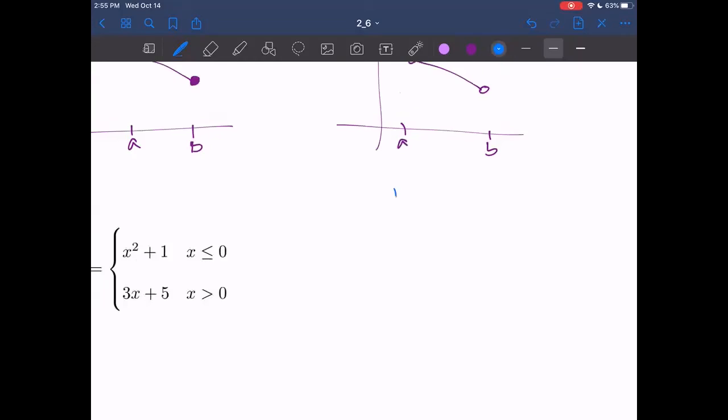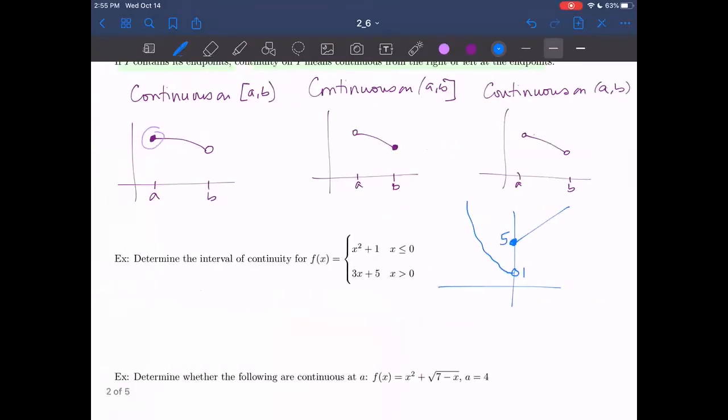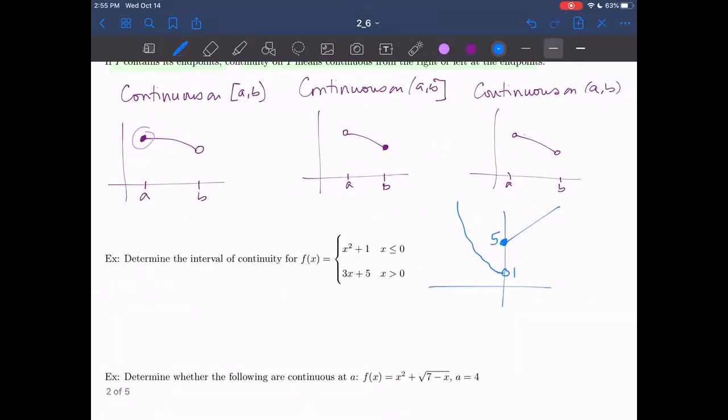I'll graph it just so you can see. Okay, so our function here would be continuous on this interval because a polynomial is always continuous.